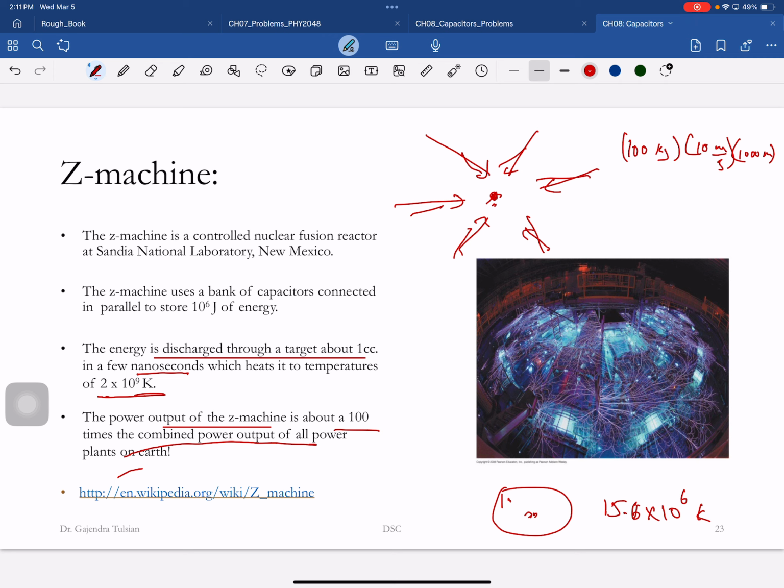For that billionth of a second, power is energy divided by time, so the power discharge in that machine is greater than all the power plants on Earth.